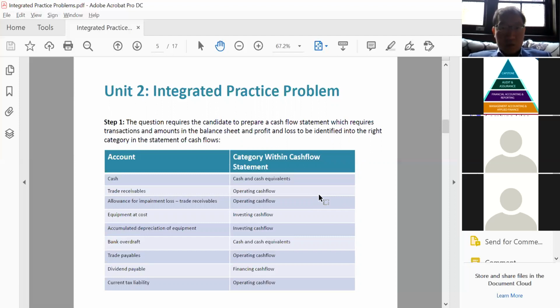And so it's really about categorizing each of the transactions and putting them into their respective component within the cash flow statement. So obviously for cash, that is going to be cash. Trade receivables, allowance for impairment losses, they're going to largely be operating cash flows. Anything with equipment, anything depreciation would be within investing.